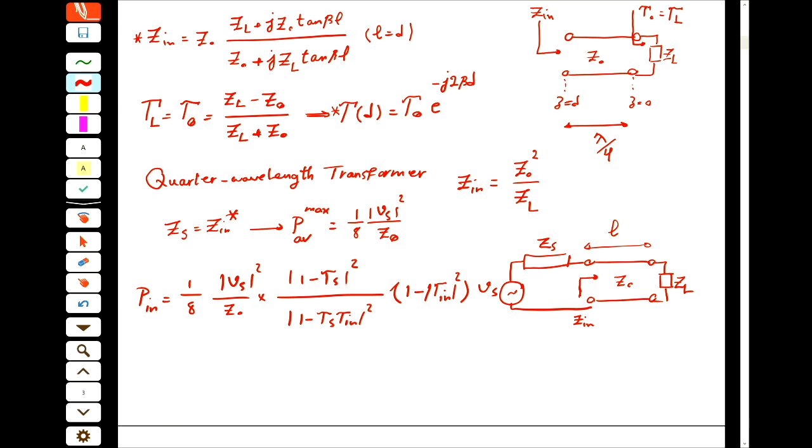So you see that the maximum power will transfer when gamma in and gamma S equal 0. So we will use this today, to see how we can match, for example, a load connected to a transmission line to a source that has a different impedance. So this is what we covered last week. Okay?